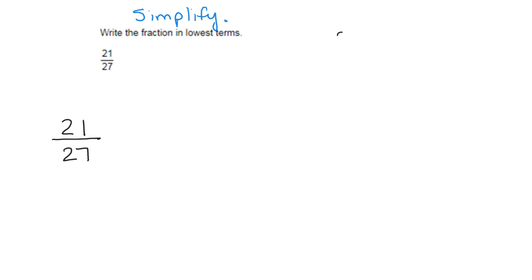That's where you take a number and break it down to the smallest numbers which you multiply to create that value. If I took a look at 21, I know that 3 goes into 21 7 times, and both of these are prime numbers. So 21 cannot break down smaller into prime factors other than 3 times 7.